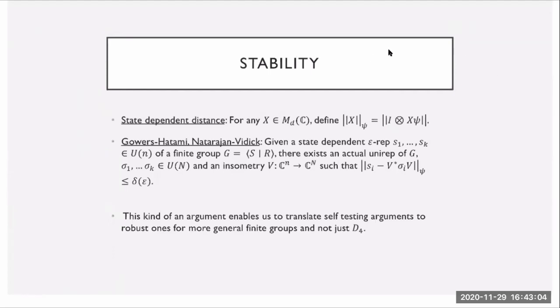This is the property of stability of an algebra. This is a very interesting question, Nati: if you don't even know whether they are order 2, only that they are unitaries and they almost anti-commute, can you deduce that they actually anti-commute? I'm not sure. For commutation, using the operator norm, this is just not true.